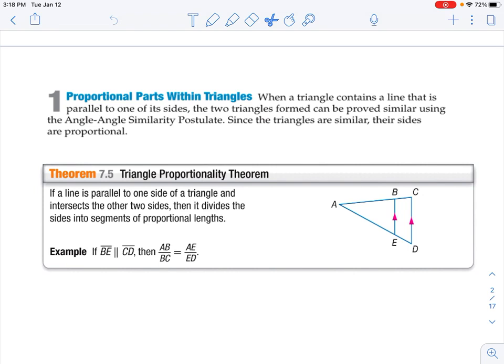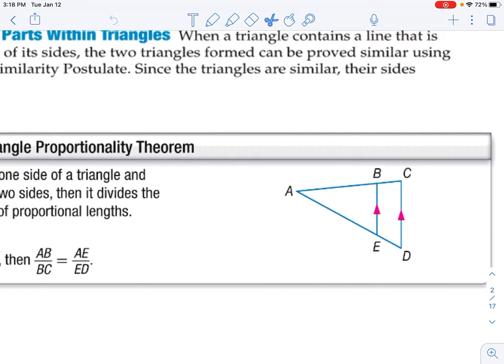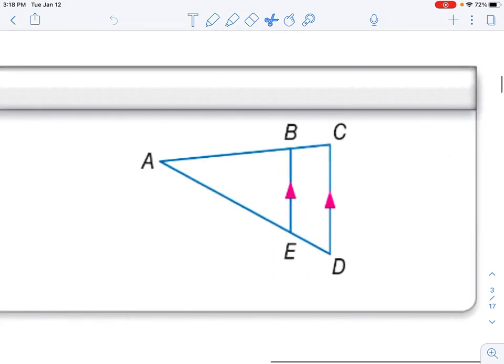When a triangle contains a line that is parallel to one of its sides, the two triangles formed can be proved similar using the angle-angle similarity postulate. Since the triangles are similar, their sides are proportional. If you look at this example, we saw one of these the other day. You have reflexive angle A to itself.